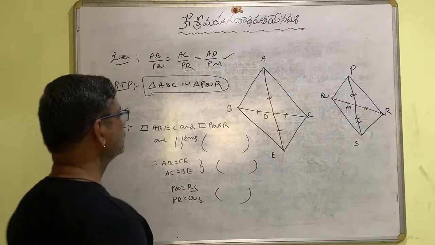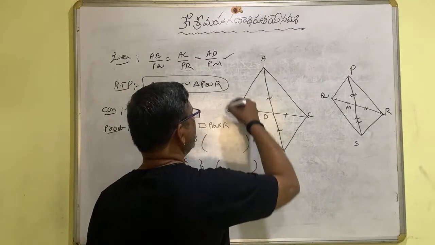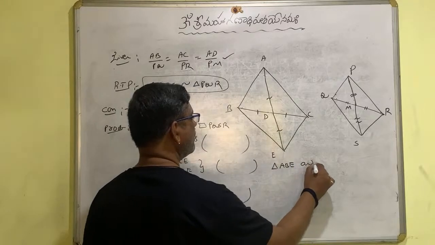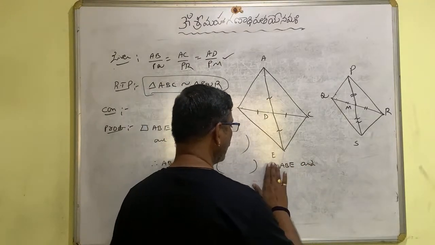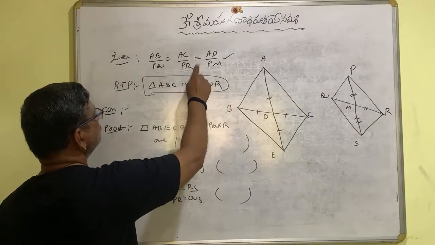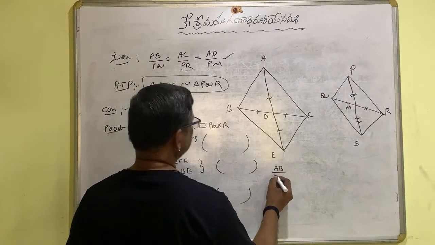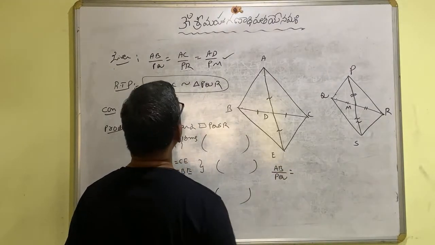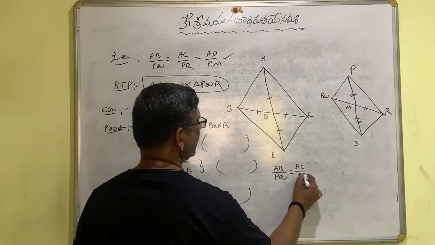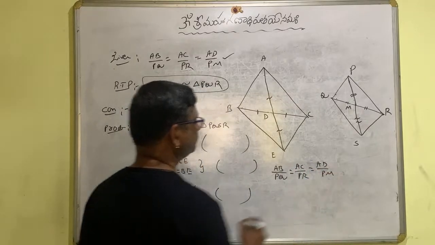Now, consider triangle ABE and, see here, consider this ratio: AB by PQ is equal to AC by PR is equal to AD by PM.